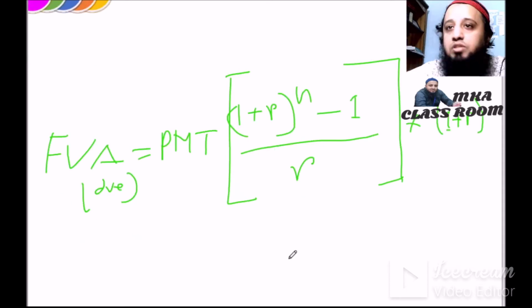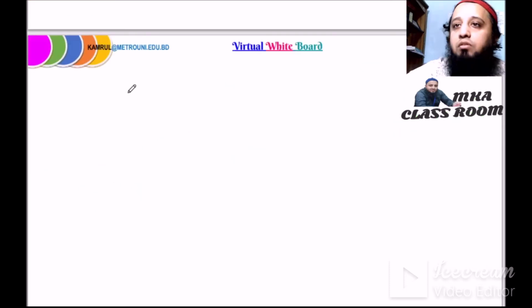Now, we will see present value of annuity. We have to calculate two types of value, one is ordinary annuity and another is annuity due.